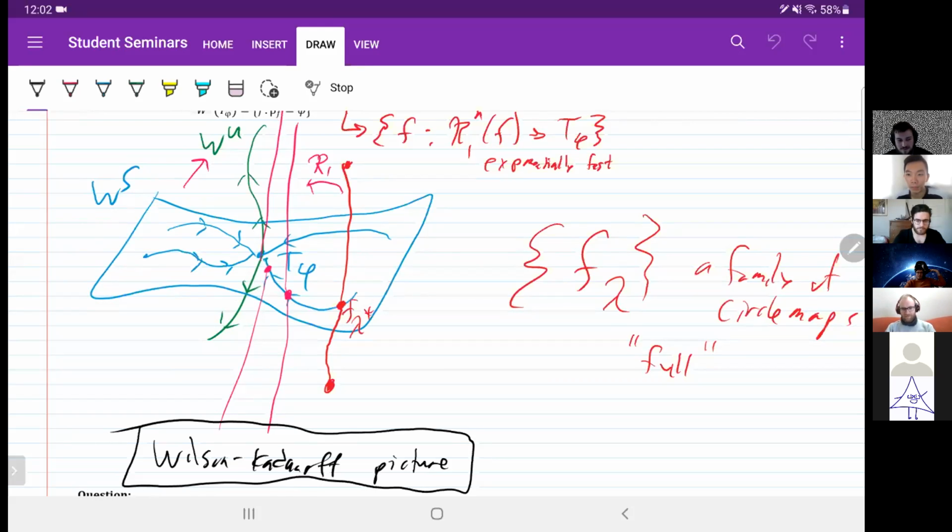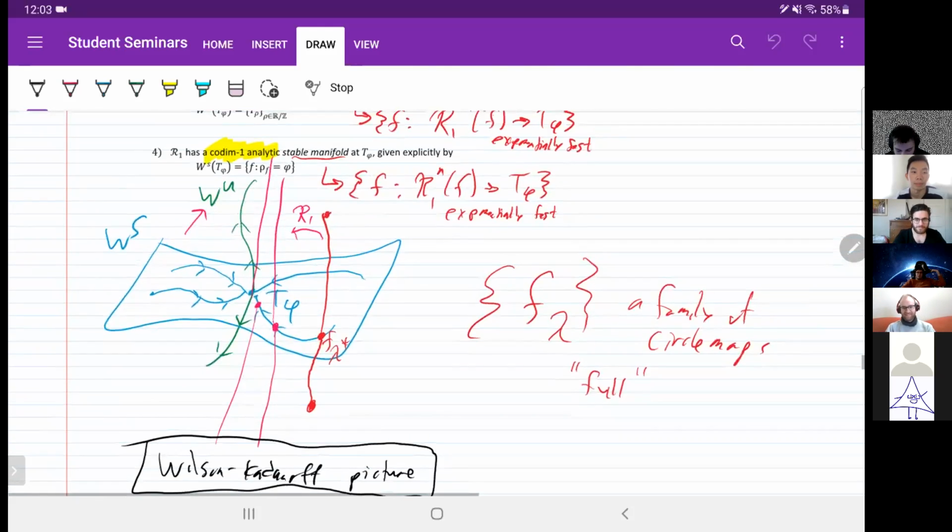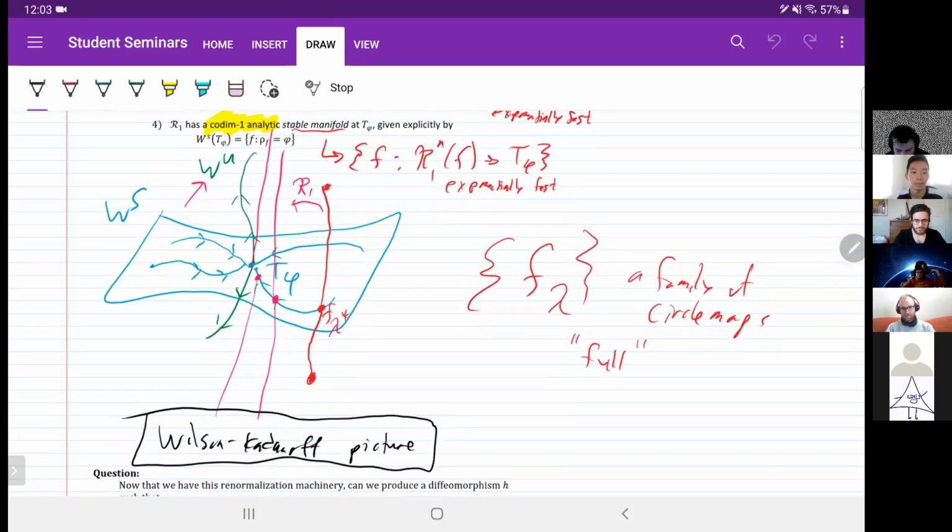All right. Does anyone have any questions? So were Wilson and Kadanoff the ones who proved this theorem you just said? No, Wilson and Kadanoff are both physicists, so they weren't proving anything. But this particular picture, in the diffeomorphism case, I would almost say that this theorem is folklore.